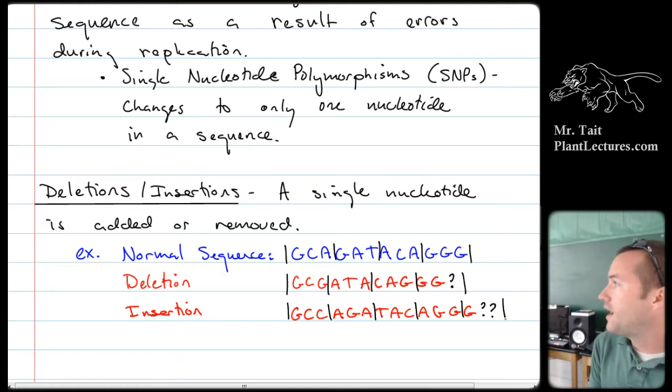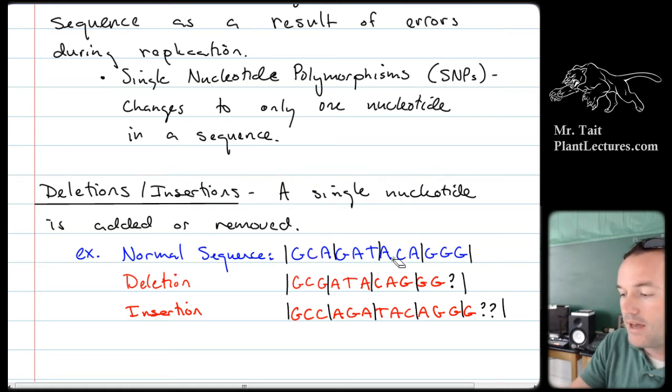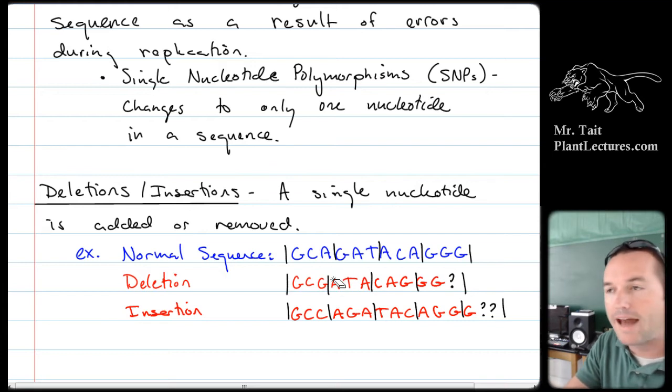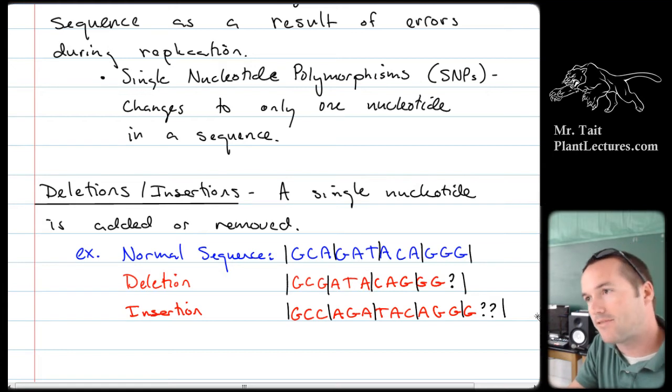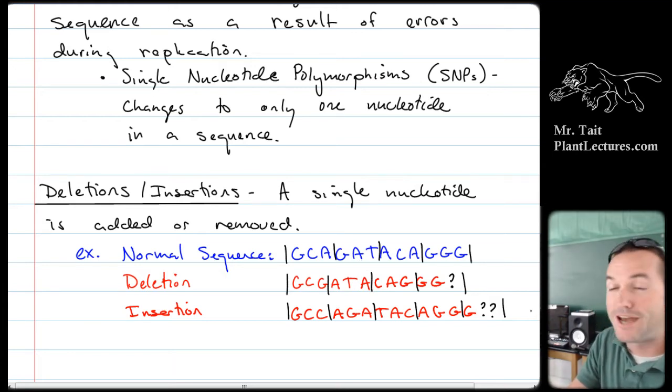So the point that I am trying to get across here, the thing that I want you to notice, is every single codon has changed. Even though we only added or subtracted one nucleotide, it changed every single codon after that, right? If every codon after that is different, that means that every amino acid after this is different. Which means if you change every single amino acid in a protein, is that protein going to resemble the previous protein at all?